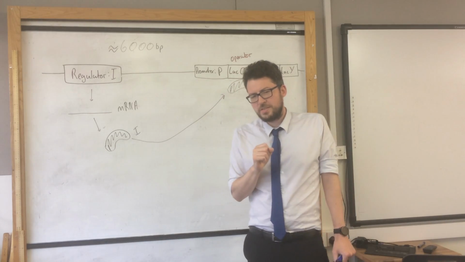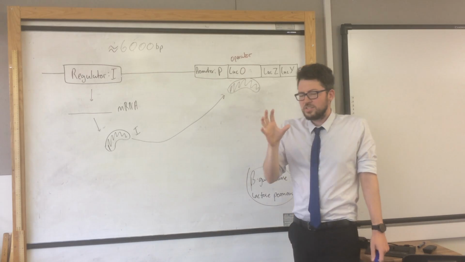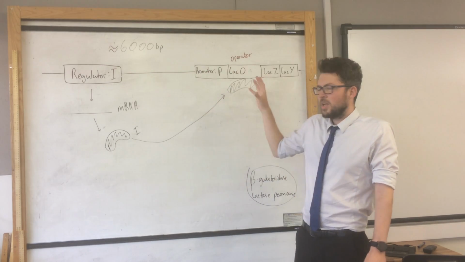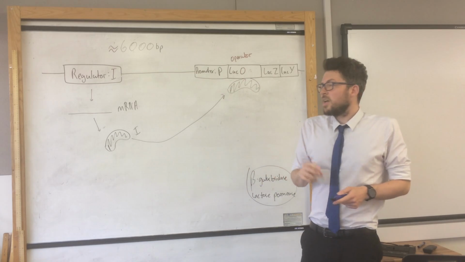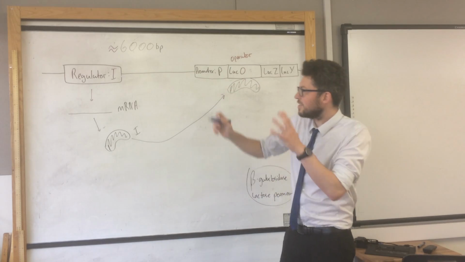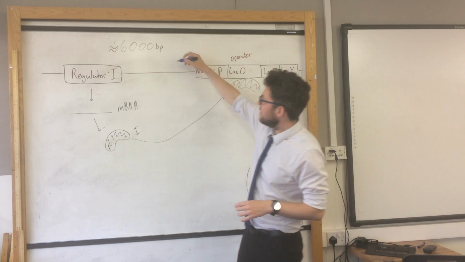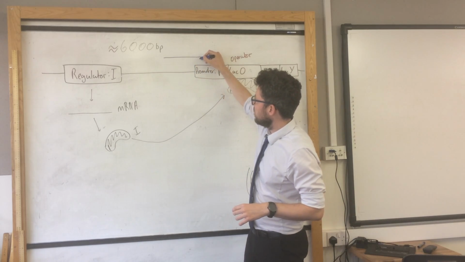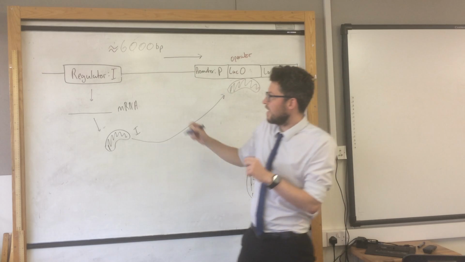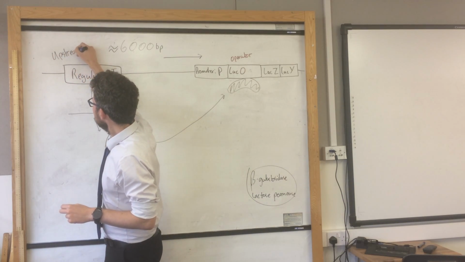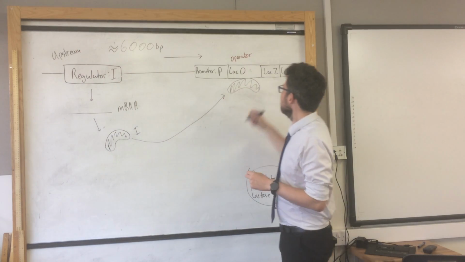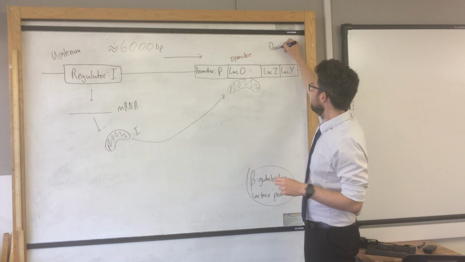Now this is important, and I'll explain why. When we look at this diagram, we've got two terms we need to know here: upstream and downstream. When this section of DNA is being read, it's read in this direction. So this end is upstream, and this end is downstream.